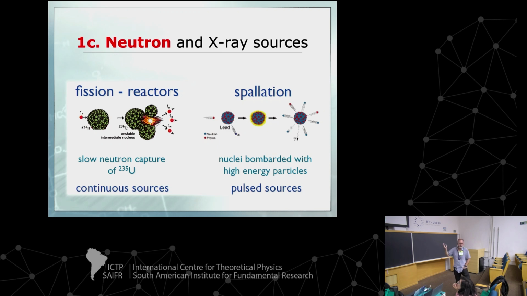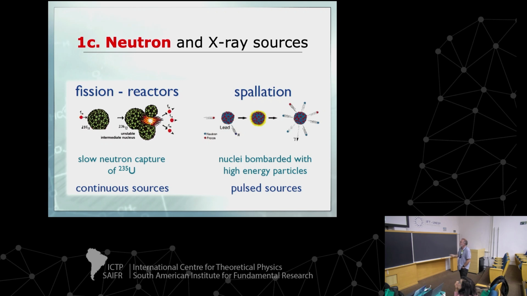But the fate of these sources is doomed, because no one wants to have a nuclear reactor anymore. So practically, I don't know in Russia if they plan to do anything with the one in Dubna, but the ones in Europe or in the United States have their future canceled, so to speak.